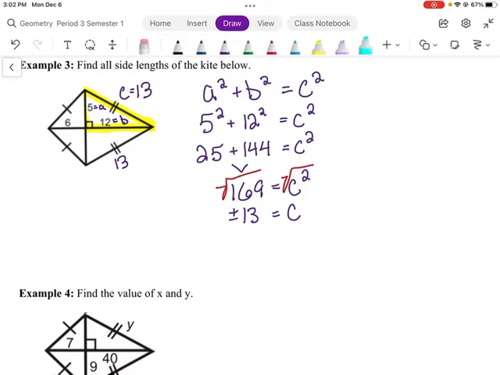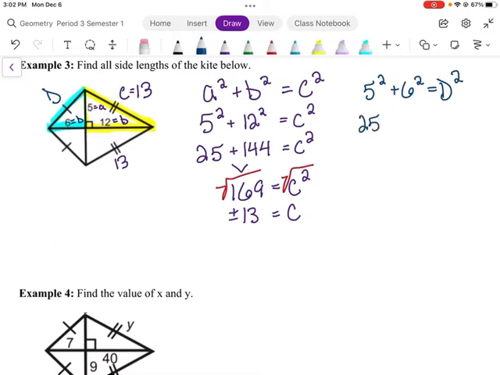So now try finding this side length on your own and then press play once you have your answer to see if you got it correct. All right, so when you set this one up, again, 5 can be A, and we'll use 6 as our B value. We would have done 5 squared plus 6 squared equals, and because we already used C, I'm just going to put D squared.